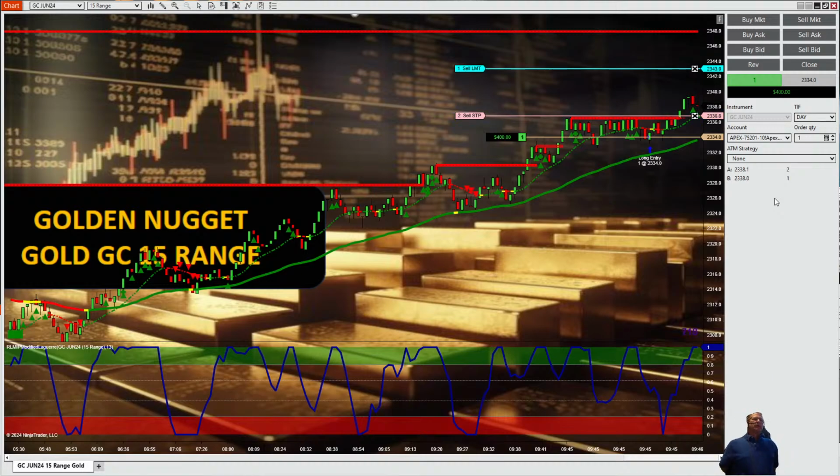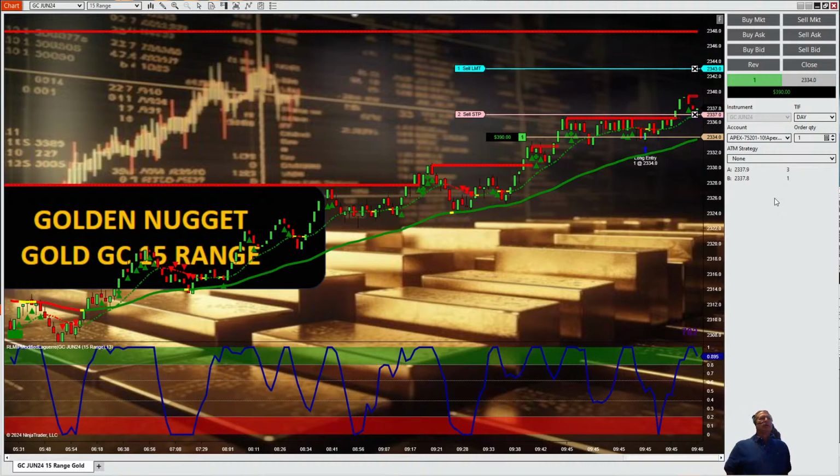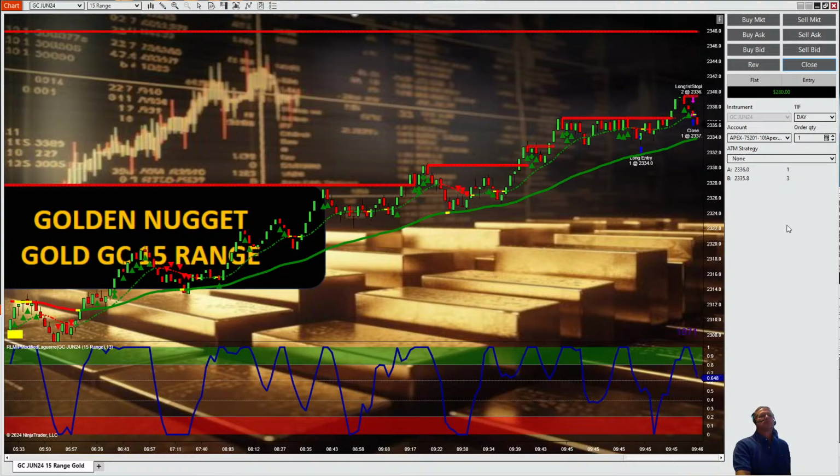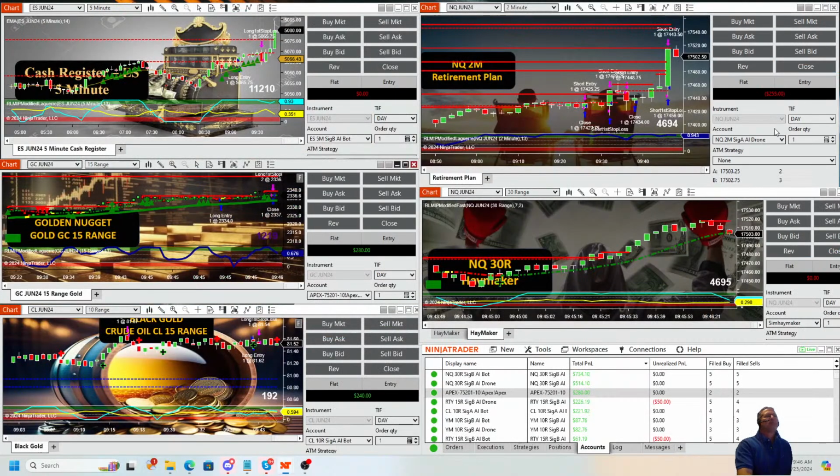And I'm in this long position on gold on the Apex account. Got a $280 profit on that one. So our 30 range signal B is also jumped in.